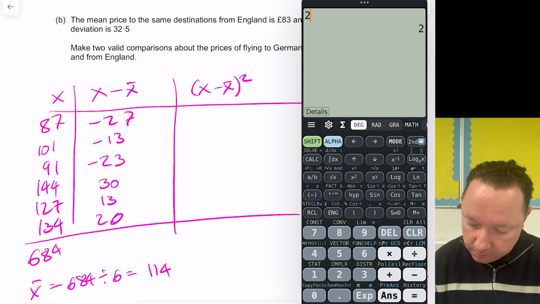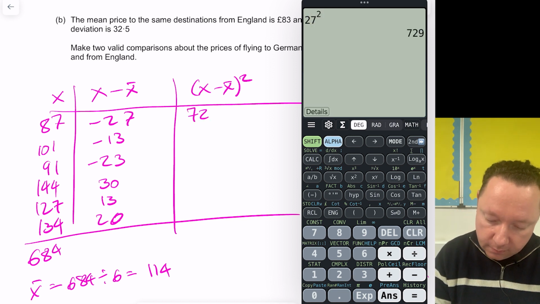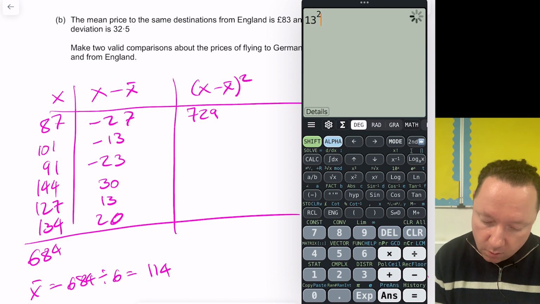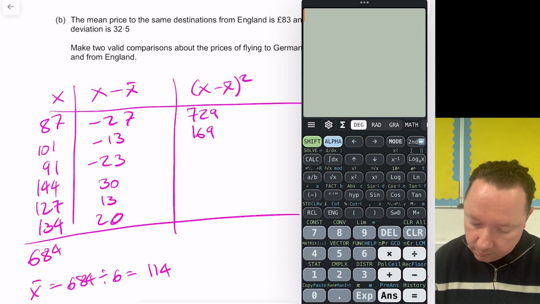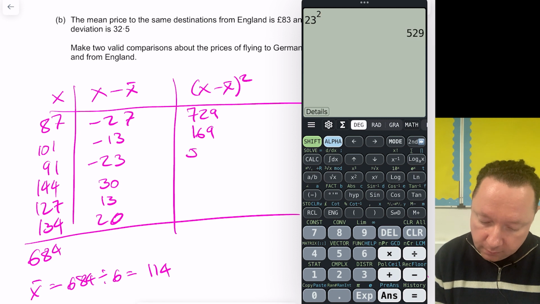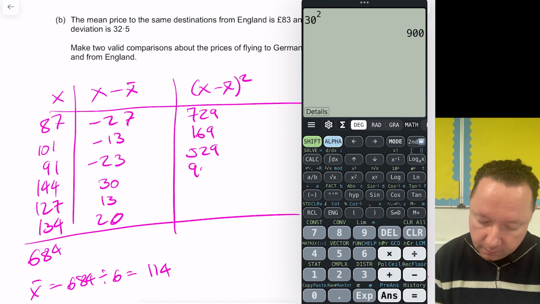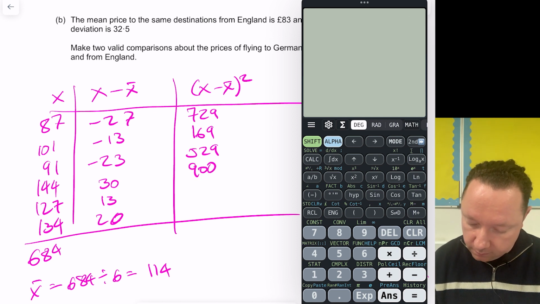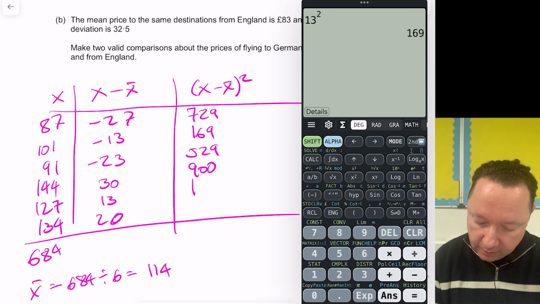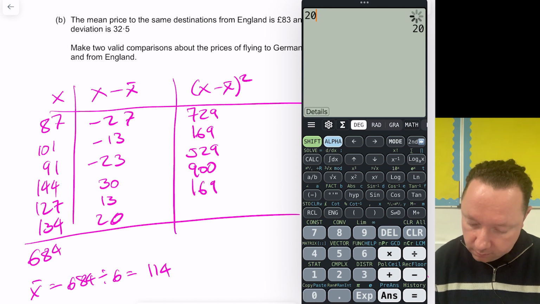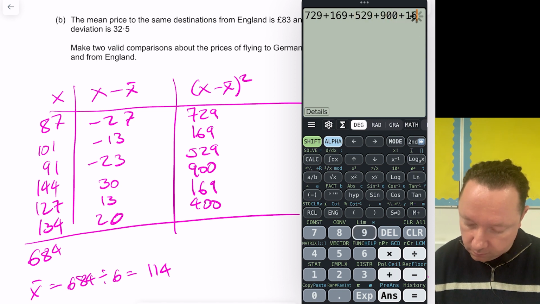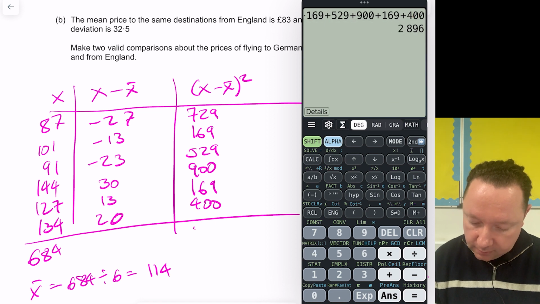And that's x minus x bar squared. Square the numbers: 729, 169, 529, 900, 169, 400. Add them all up: 2896.